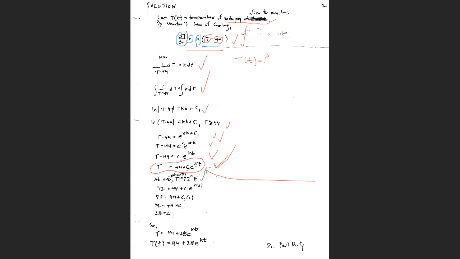So if we put 72 in for capital T, that's temperature, and 0 for lowercase t, we can solve and get that 28 equals c. And so our temperature function for the soda can is going to equal 44 plus 28 times e to the kt power. So far, are we good?